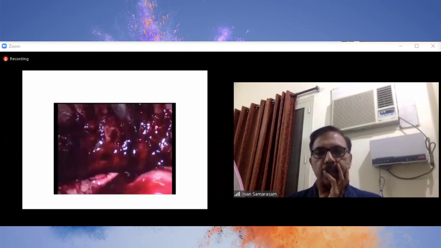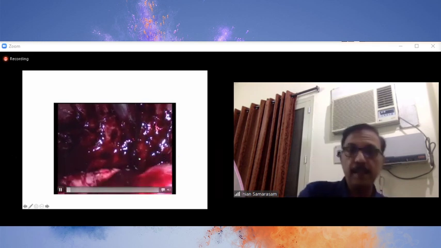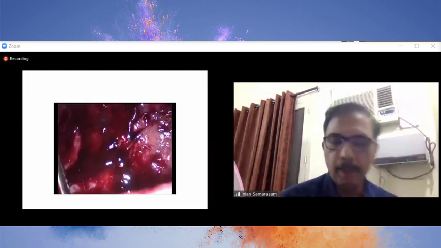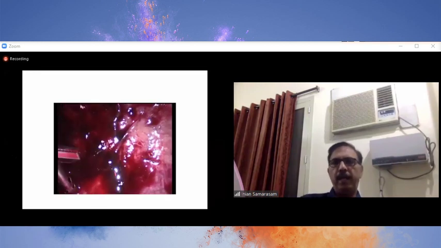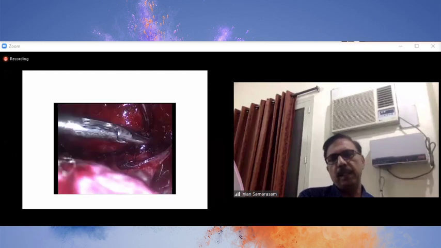The next patient was operated on by our thoracic surgeons, had an open thoracotomy for, I think it was a PDA ligation. So had a thoracic surgery and had damage to the thoracic duct.